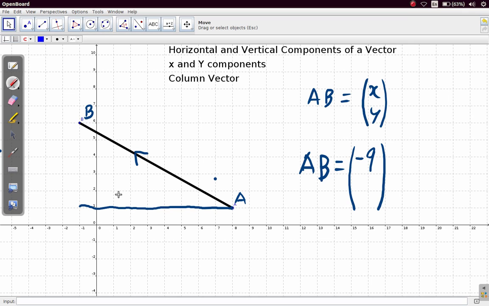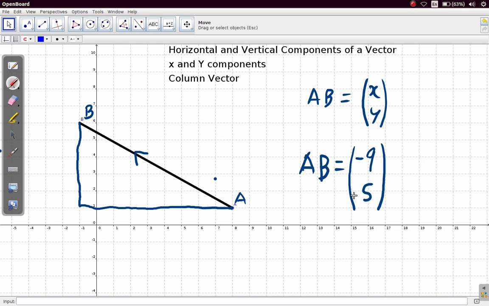And then you move 1, 2, 3, 4, 5 upwards. It's 5 and it's a positive 5. The y is 5 and it's positive. So what you have here is a negative 9, 5. Alright?